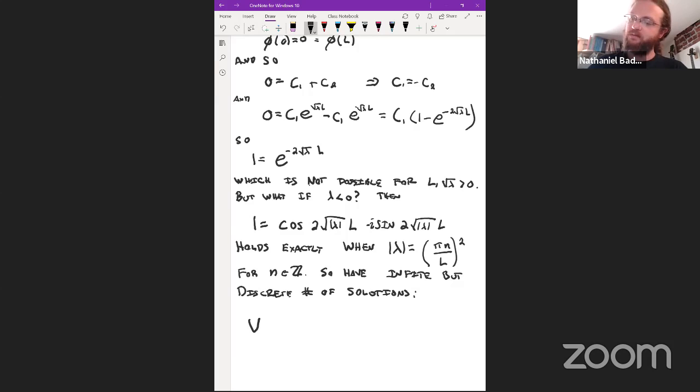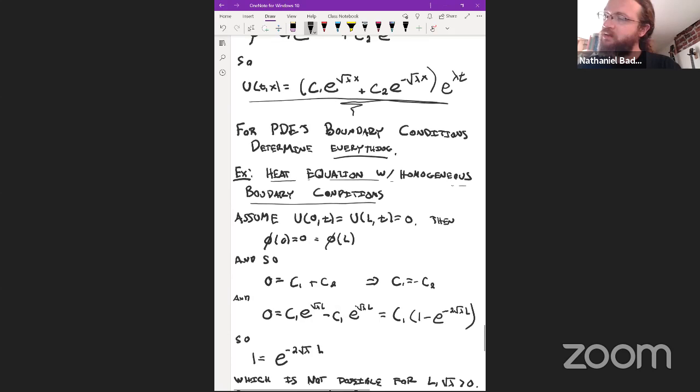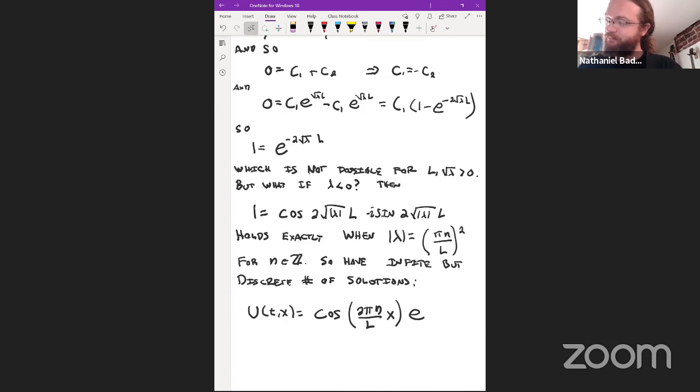And these are given by u of t, x is cosine of pi n over L times x, times e to the, what is it, e to the alpha lambda, e to the minus alpha times pi n over L squared t.